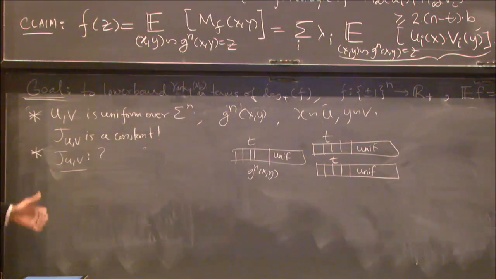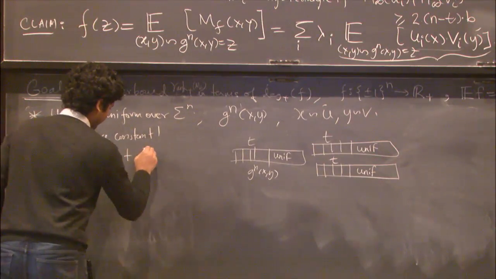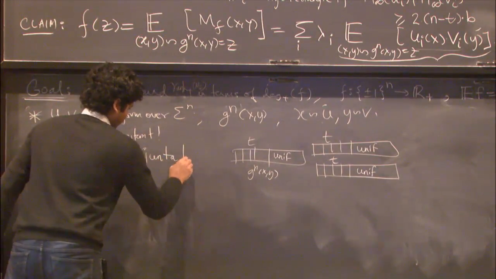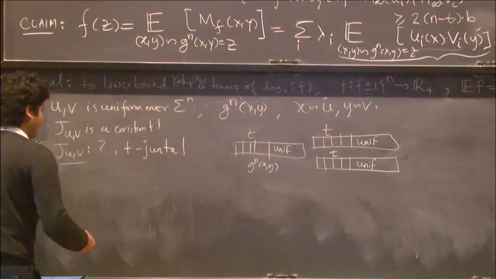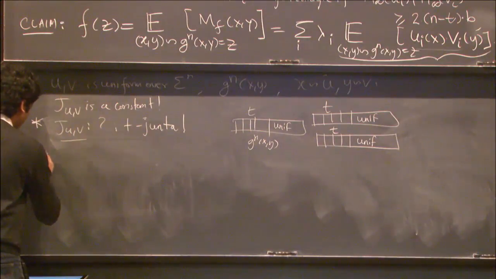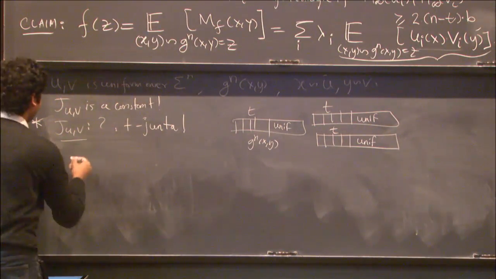So all the density function has to do is to check if the first T blocks match the fixed output that I need to obtain. So it is a T-junta, because it only cares about T coordinates. And let's take a slightly more complicated example, and then we will go to the general case.